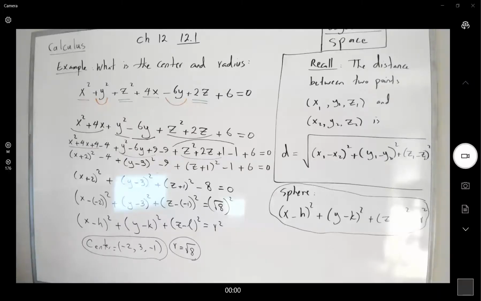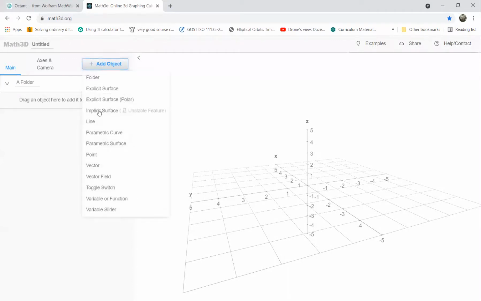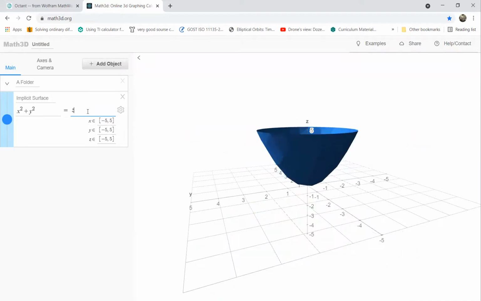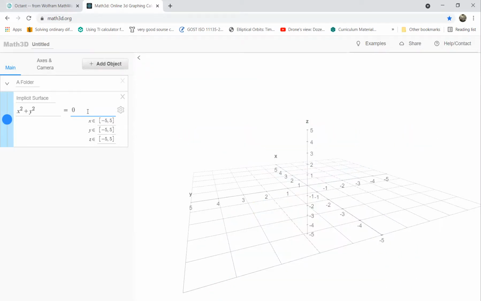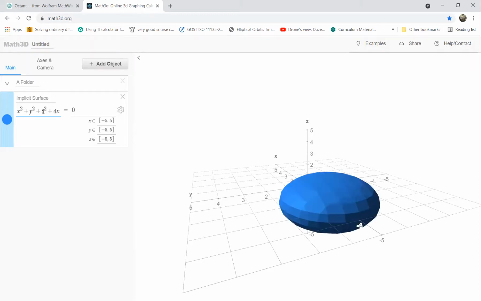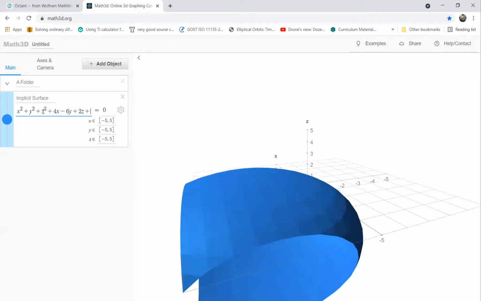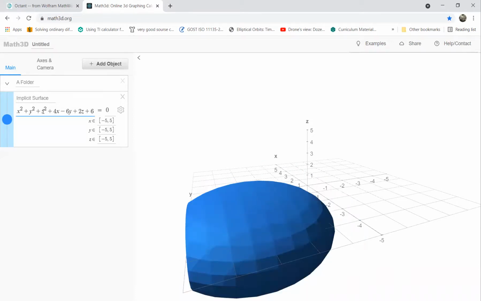Let's take a look at the graph. So let's add an implicit surface. On this side we have 0, and on the other side we have x squared plus y squared plus z squared, then plus 4x minus 6y plus 2z plus 6 equal to 0.